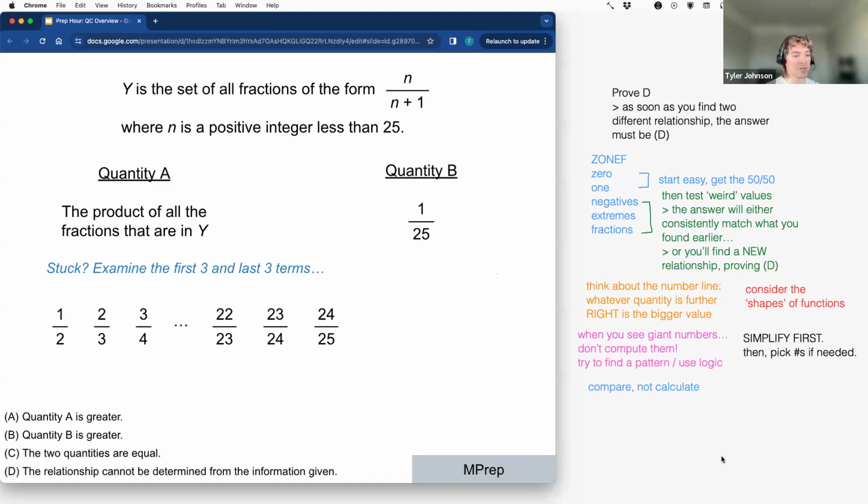Because if I were to multiply all these different fractions together, a lot of those numerators are going to start to cancel with the subsequent or the previous denominators. In fact, the only numerator and denominator that are going to remain after everything else cancels are the 1 and the 25. And that makes these two quantities equal.